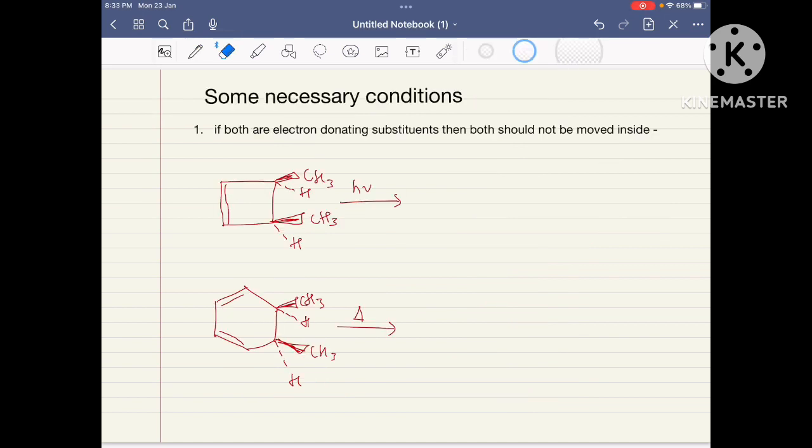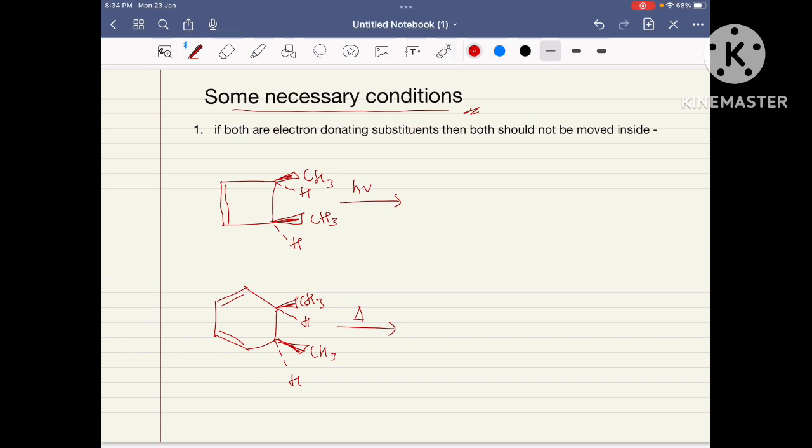Next we shall see some necessary conditions. What do these necessary conditions mean? When both the substituents are electron donating, and if a situation arises where both should be inside, then that should not happen, because if they both come inside they create a steric effect.